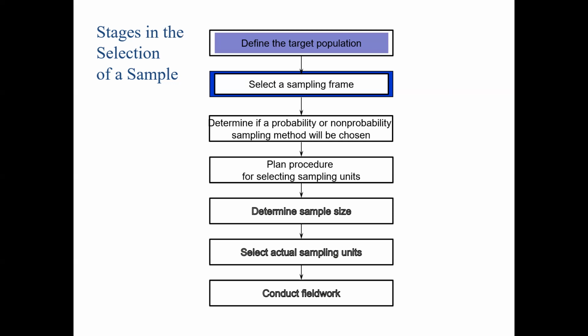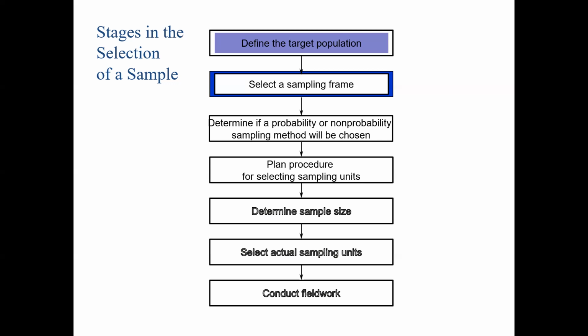Now you have chosen the method, the source list, and the target population. Now it's time to select the sampling units. These are the individuals who are going to be selected for the sample. Like if we have taken the youth population, and I have assumed there is a 10 lakh population in Lucknow, and I'm going to take a sample size of 500.